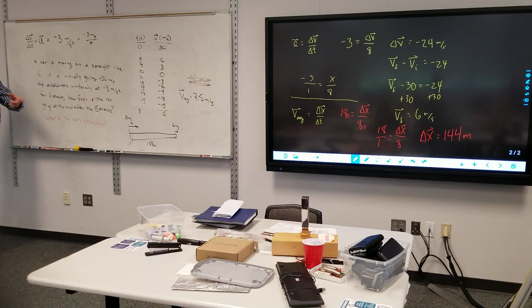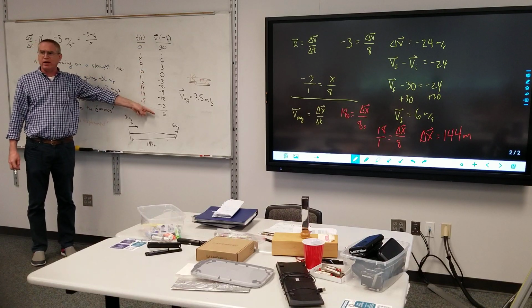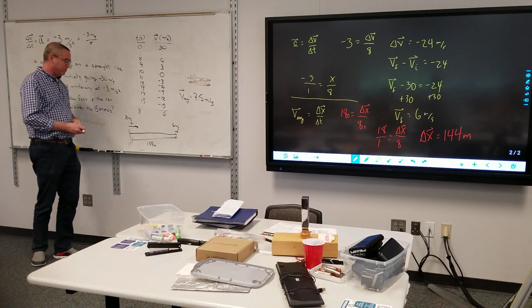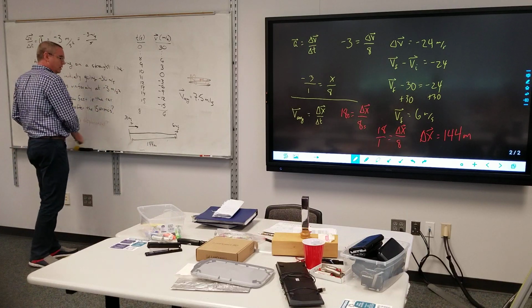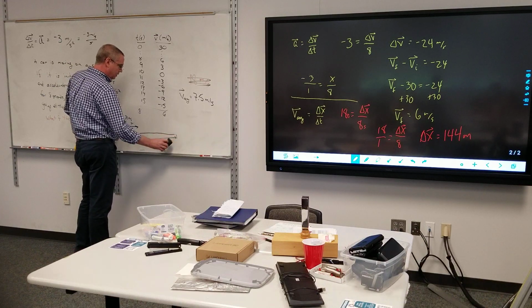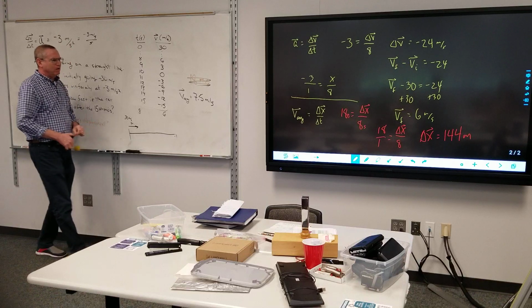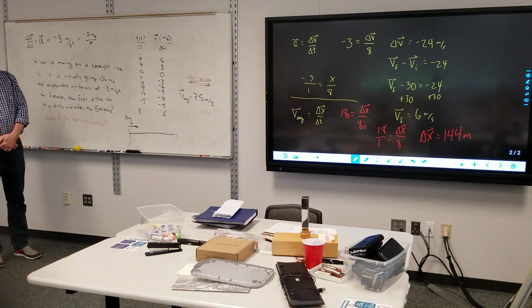Now, at some point, the vehicle turns around. It starts out going in the positive direction, and then it's going in the negative direction, so it does turn around somewhere. Well, where does it end up? How far is it away from where it started?